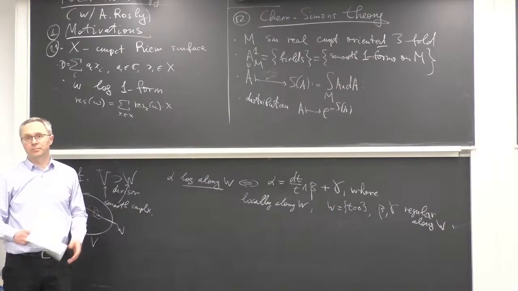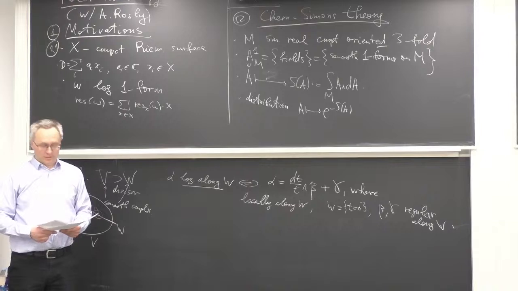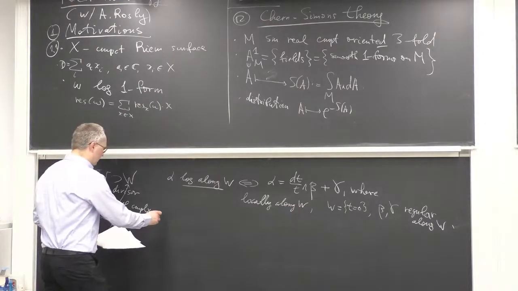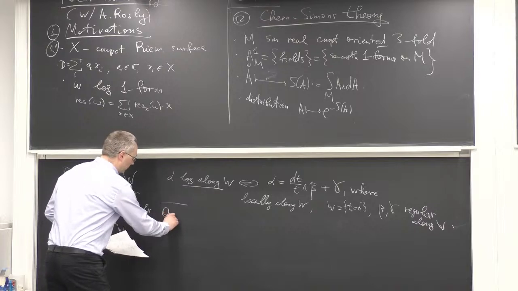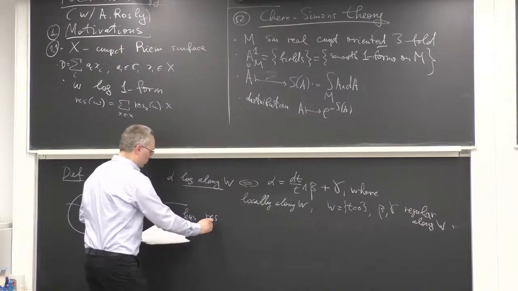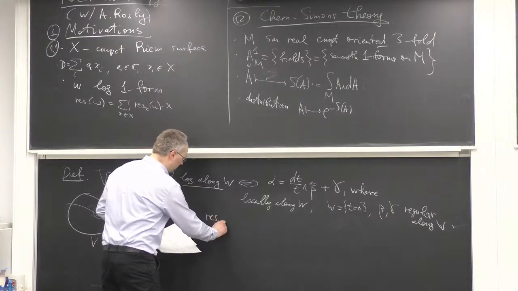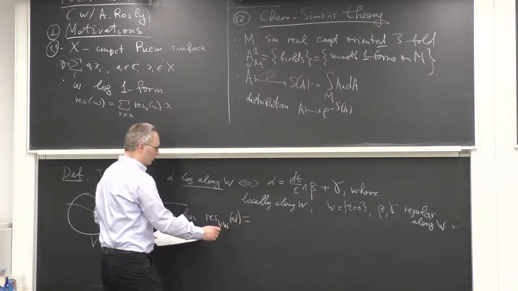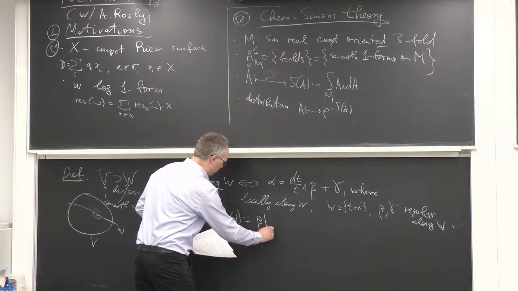Okay. Some questions so far? Okay, and what is important about these log forms is that one has a well-defined residue, let's denote it like that, from V to W of alpha, which is just beta restricted to W.